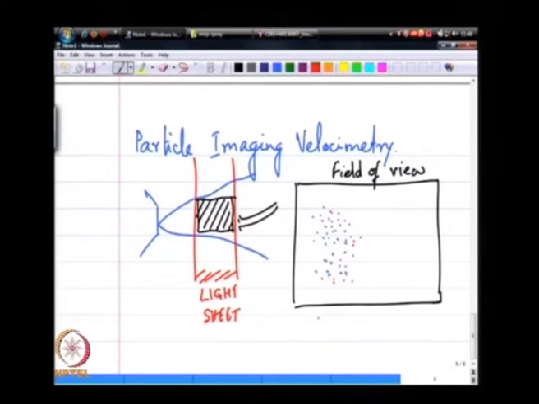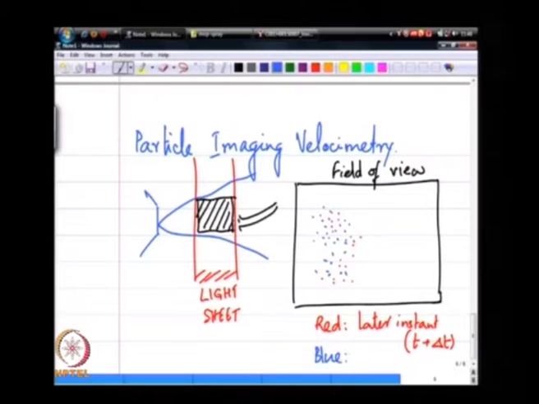Let us say red is a later instant of time, some t plus delta t, and blue dots are the current instant, which we will call t.